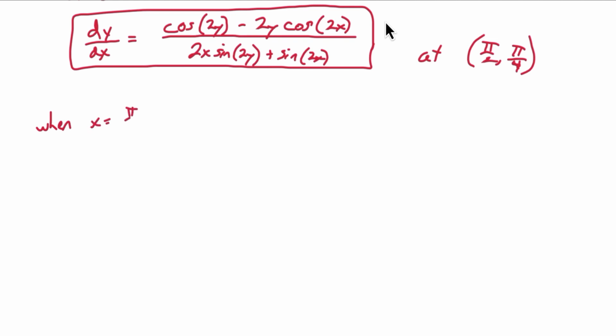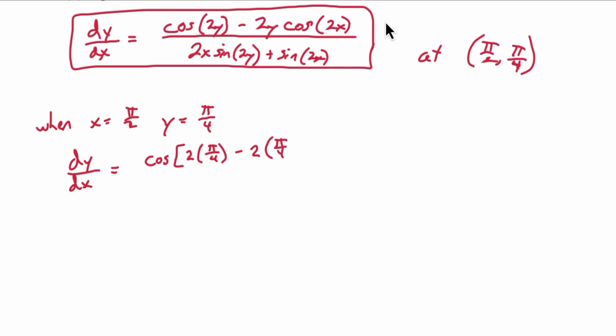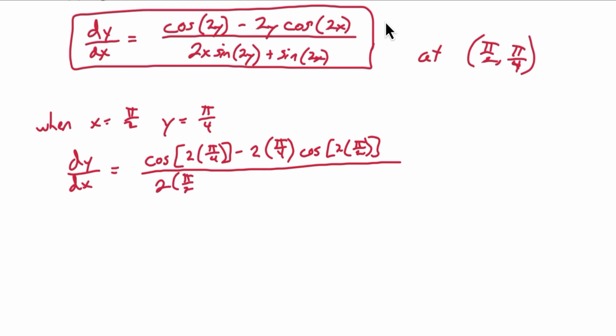When x is equal to pi halves and y is equal to pi fourths, dy dx is the cosine of 2 times pi fourths minus 2 times pi fourths cosine of 2 times pi halves, all over 2 times pi halves sine of 2 times pi fourths plus the sine of 2 times pi halves.